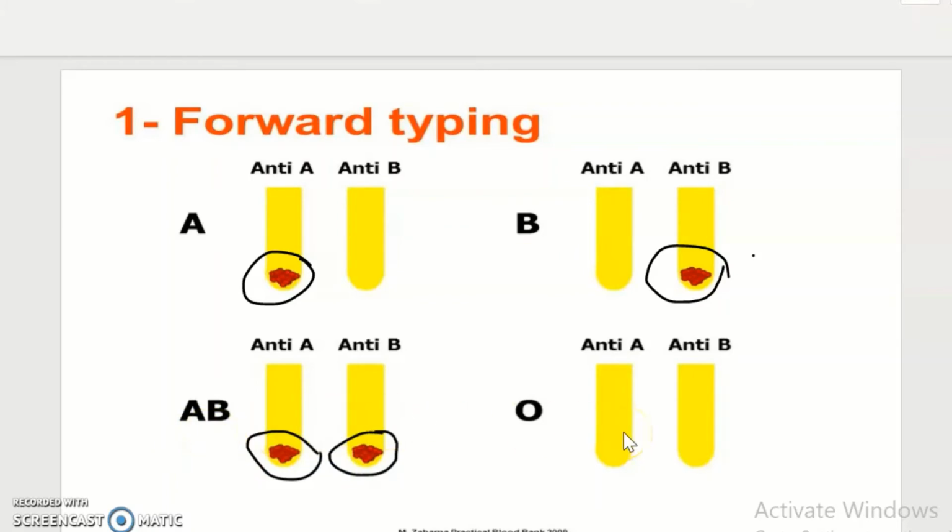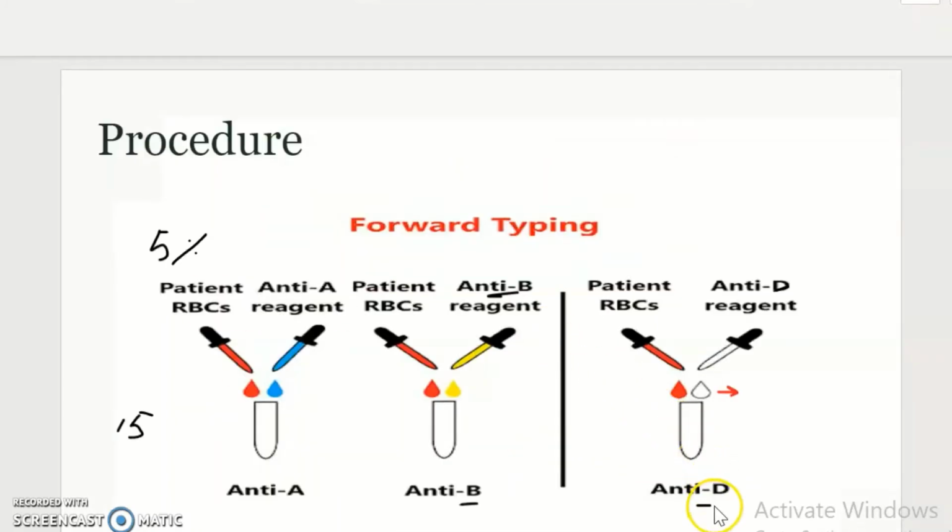And if you don't see agglutination in anti-A and anti-B, it means the patient blood group is O. And if you see agglutination in anti-D, it means the patient is Rh positive. And if you don't see agglutination in anti-D, it means the patient is Rh negative.